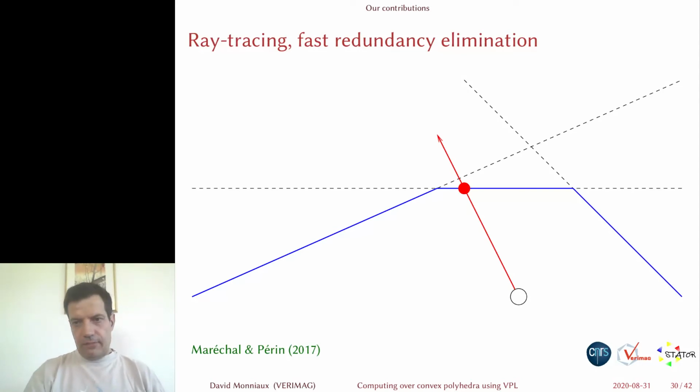For instance, if I have a point inside my polyhedron, I shoot a ray in one direction, and I meet a constraint along this ray, and this can be solved very quickly. This is just plain linear algebra, very easy linear algebra. Then this first constraint that I meet is irredundant.